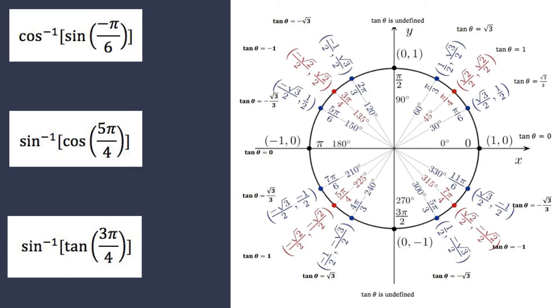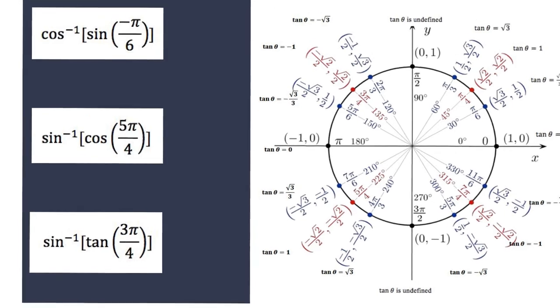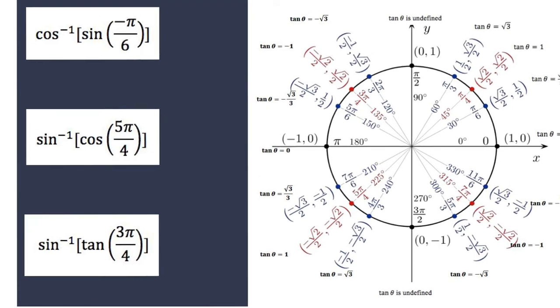As we move on to some more complicated problems, again, we don't have to have these signs match. We have to be able to pay attention to if we're moving from the inside to the outside. So for this first one, again, you want to start on the inside of the brackets. So you're going to start by finding sine of negative pi over 6. Remember that 11 pi over 6 and negative pi over 6 are in the same position.